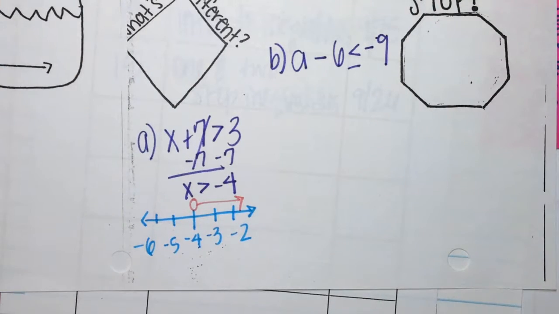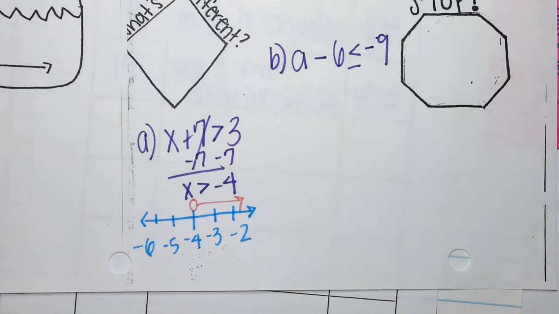All right, a minus 6 is less than or equal to negative 9. If you feel confident enough to graph it without me as well.